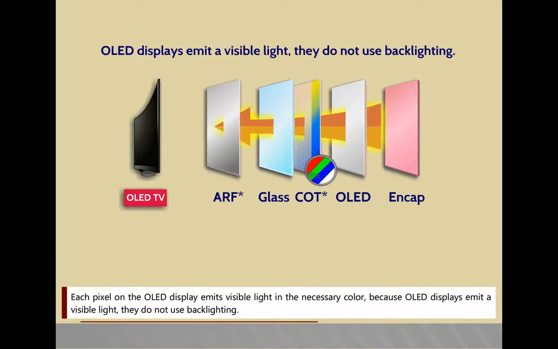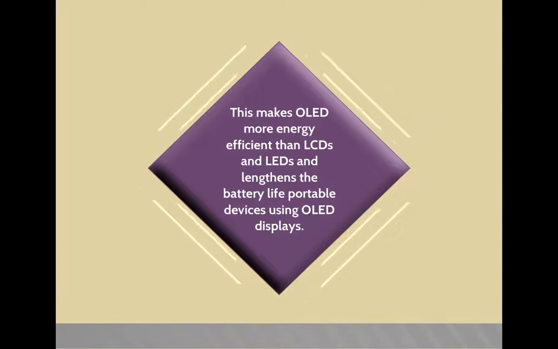Because OLED displays emit a visible light, they do not use backlighting. This makes OLED more energy efficient than LCDs and LEDs and lengthens the battery life of portable devices using OLED displays.